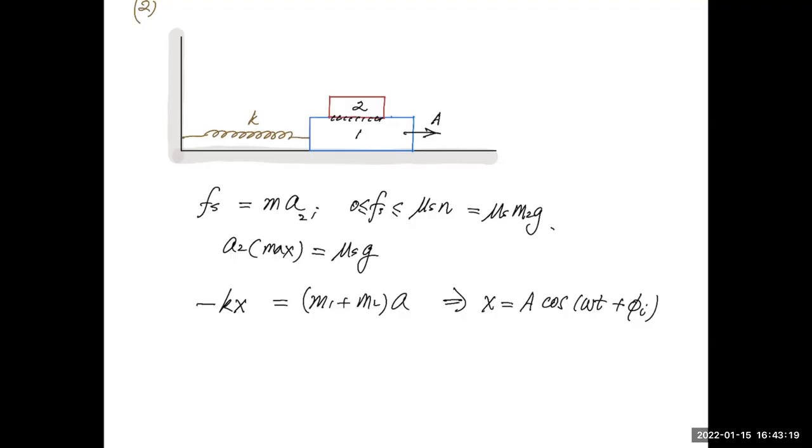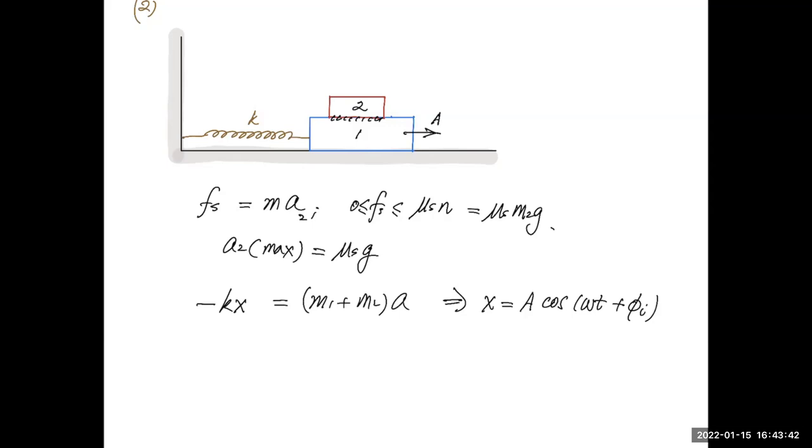My job is to find the acceleration from this last expression and compare it with the maximum acceleration A2 can possibly sustain. In order for them to stay together, the acceleration provided by the simple harmonic oscillation cannot exceed what object 2 is capable of achieving from static friction.